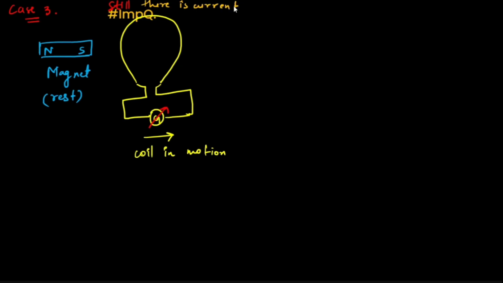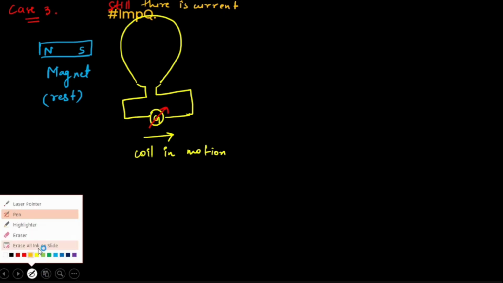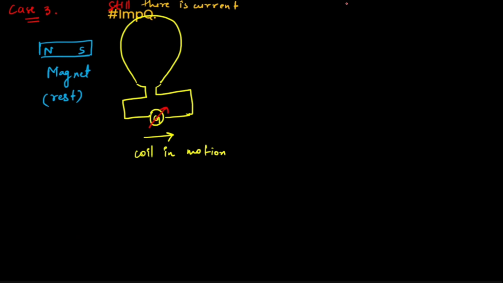For the person looking at it for the very first time, it is very difficult to digest that because of the motion only, there is a current. Just imagine you're moving something and you're getting current. How fascinating it is, right? Similarly, to understand it better, he moved the coil in the opposite direction, and again he saw the same thing, that there is some induced current.